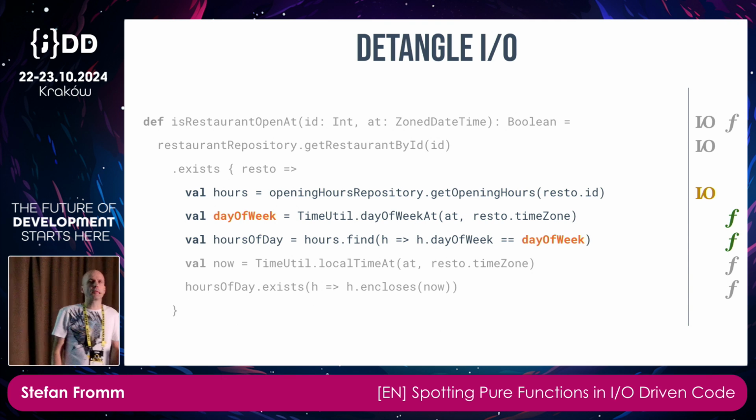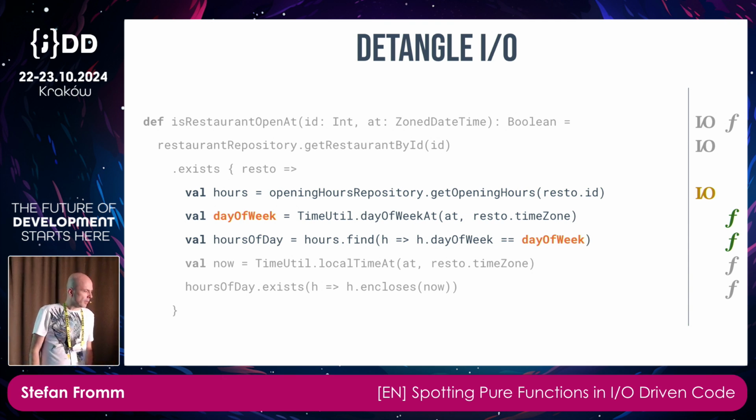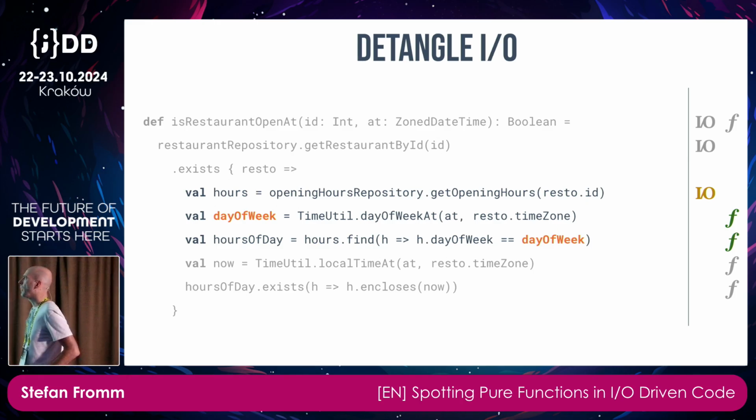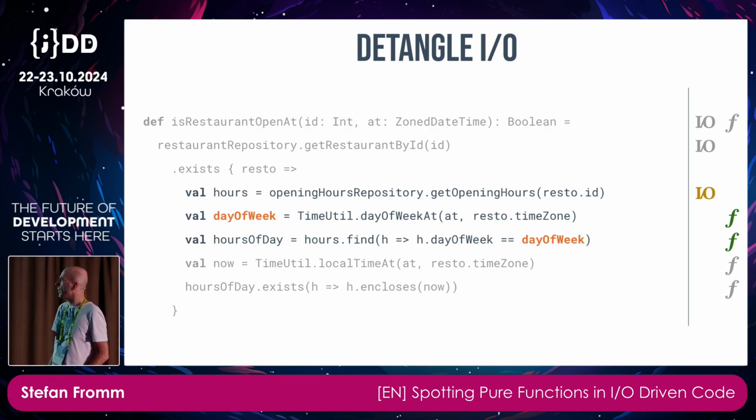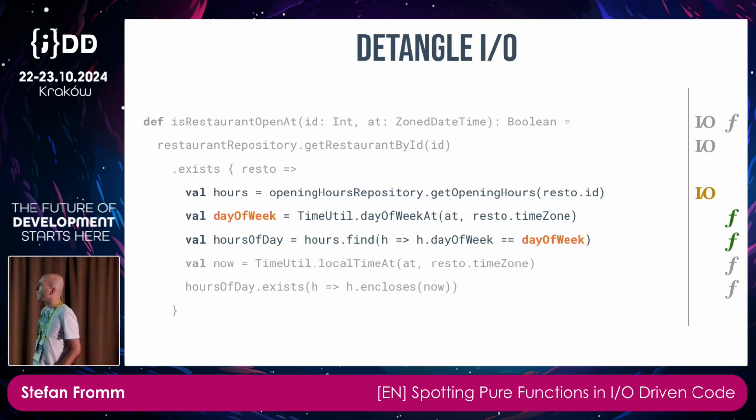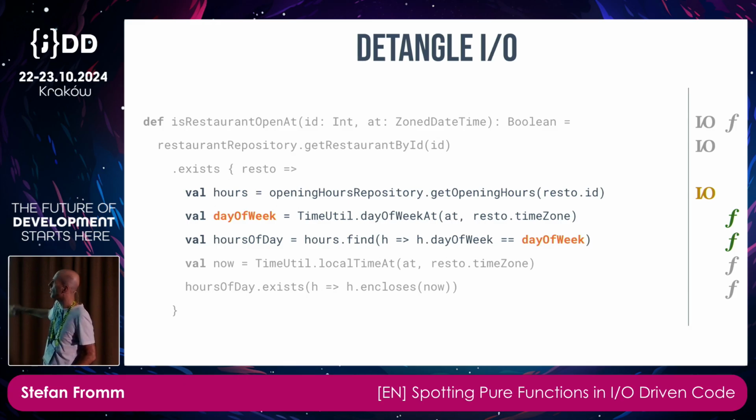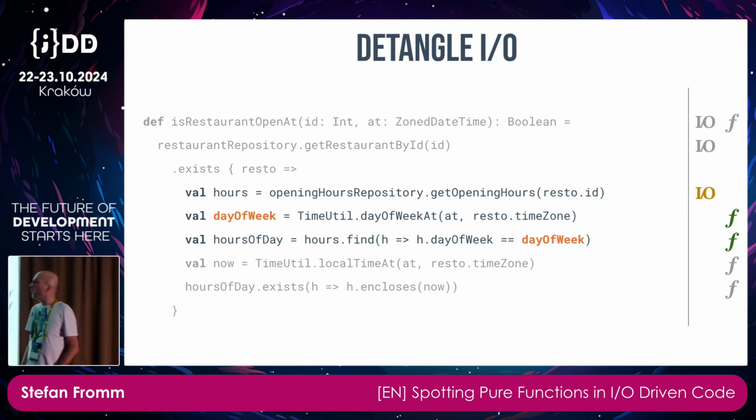There's an interesting thing here. I think day of week is an example of caching something. I assign the result of day of week at to a value, so effectively caching it. And in the lambda, in the find method, I just reuse it instead of recalculating it, because day of week at is a pure function. Because both of them are pure functions, I could also just inline the day of week into this lambda expression without changing anything.